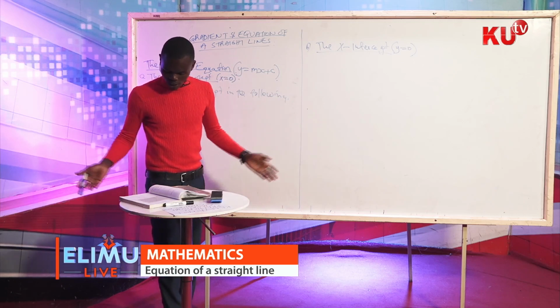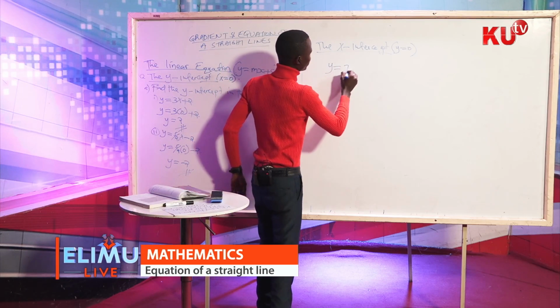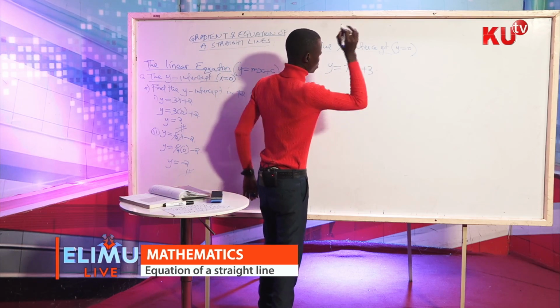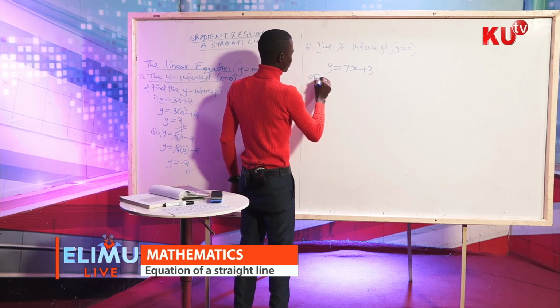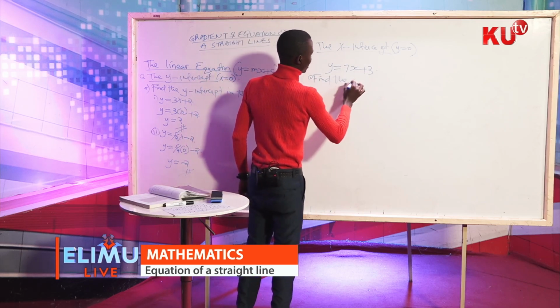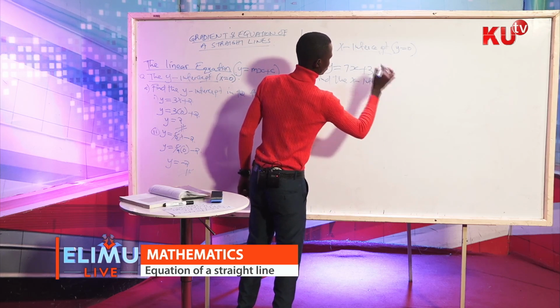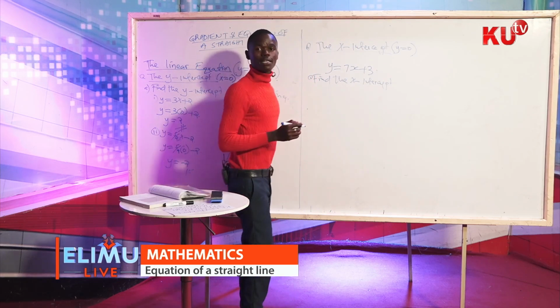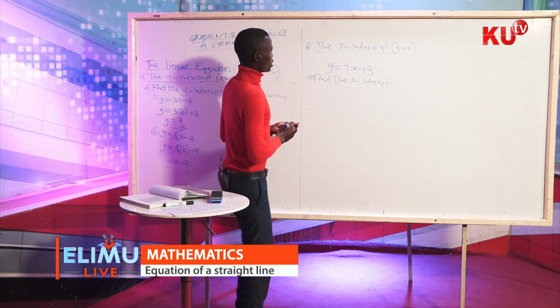Then you'll be given an example. For example, you've been given y equals to 7x plus 3. Then the question is, find the x-intercept. You start asking yourself, where do I start? Now listen, start this way.